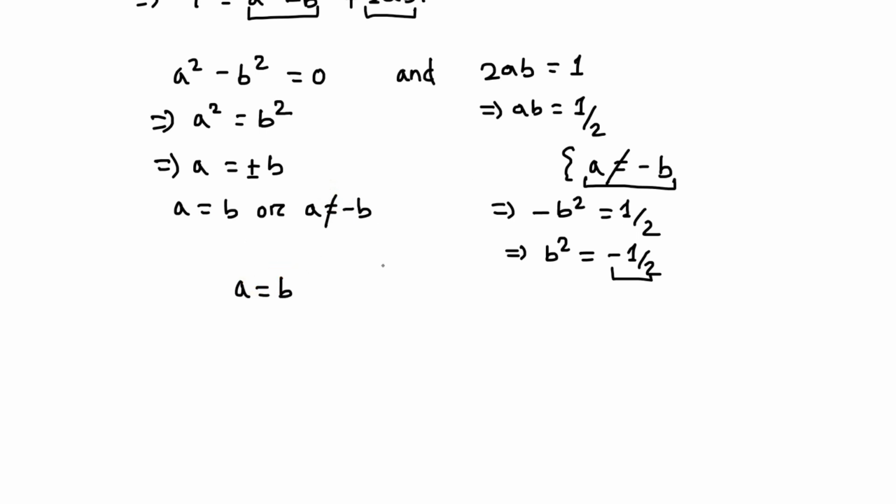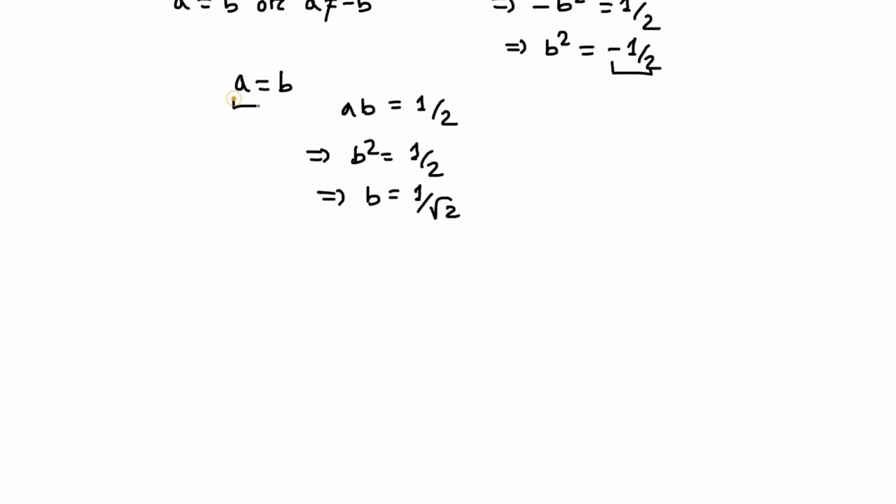Now putting a equals b here, we can write ab equals 1 by 2, which means b square equals 1 by 2. This implies b equals 1 by root 2, and from here a equals b, so a equals b equals 1 by root 2.